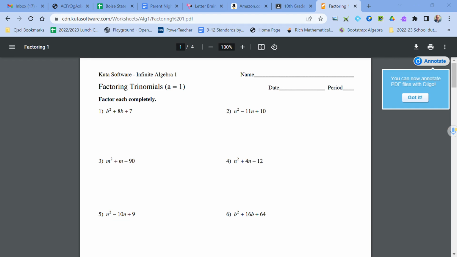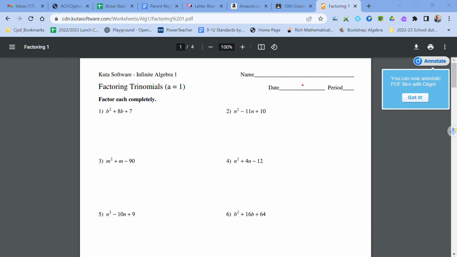You might have to make a list. I know 90 times 1, but they're not going to add together. Or negative 90 times 1, or 90 times negative 1. That's not even close. They have to be really close numbers. 3 times 30, but that's not close either. How about 9 times 10? Yes, 9 times 10 will give me 90, and 9 plus 10 would be 19.